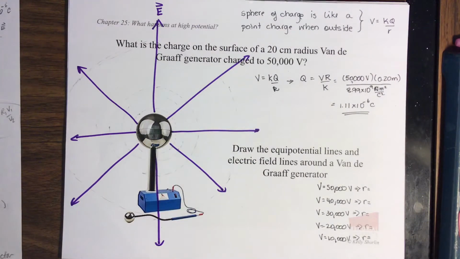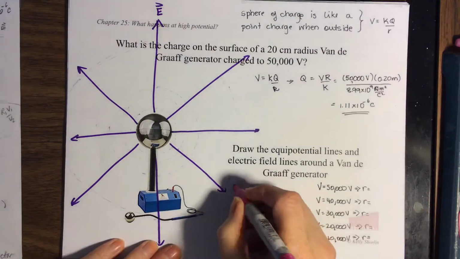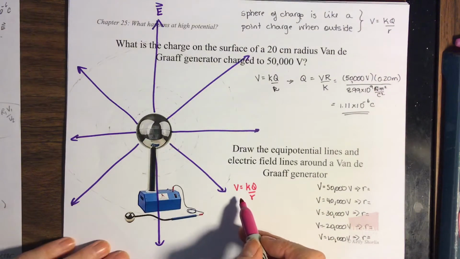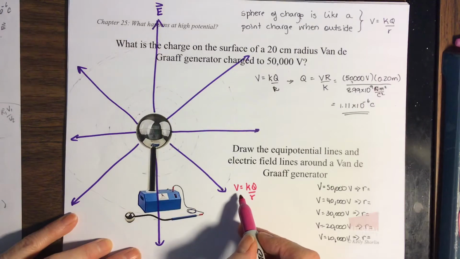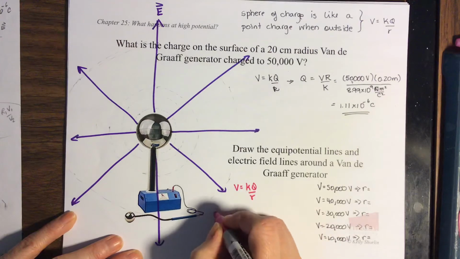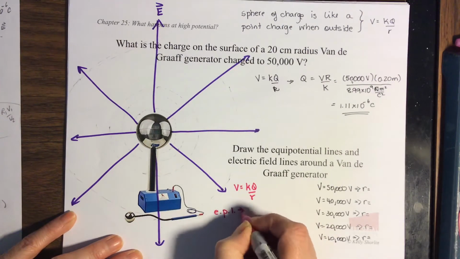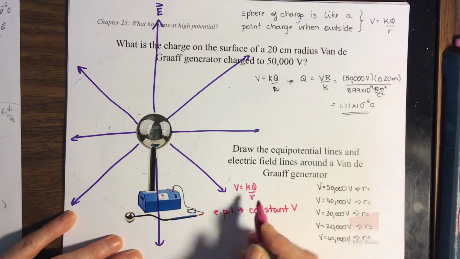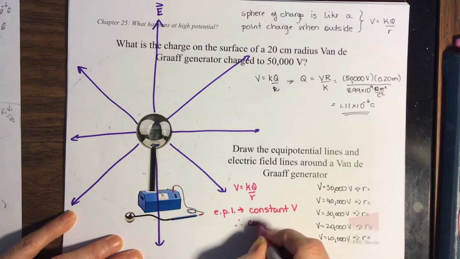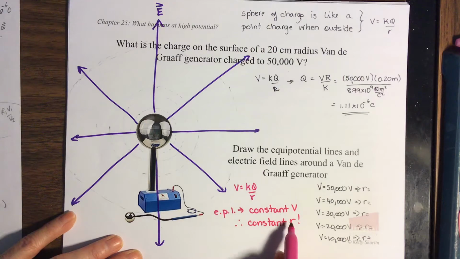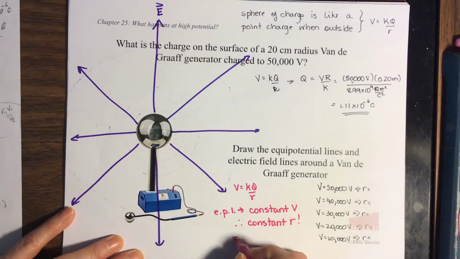For our equipotential lines, let's make sure we know what we're doing there. So if V is equal to KQ over R, and an equipotential line is a line with constant potential, then to get constant potential we have to have constant R. So equipotential lines have constant V. Therefore, in this geometry, they also have constant R. So a line with a constant radius would be a sphere.